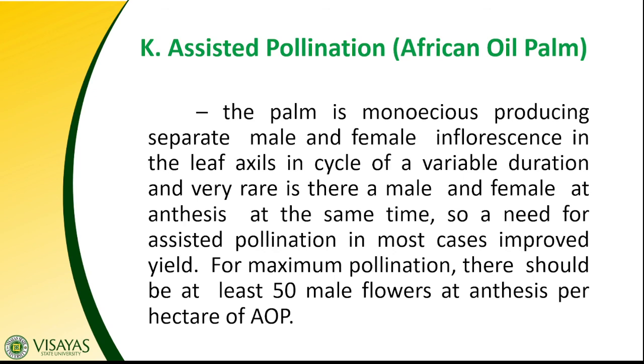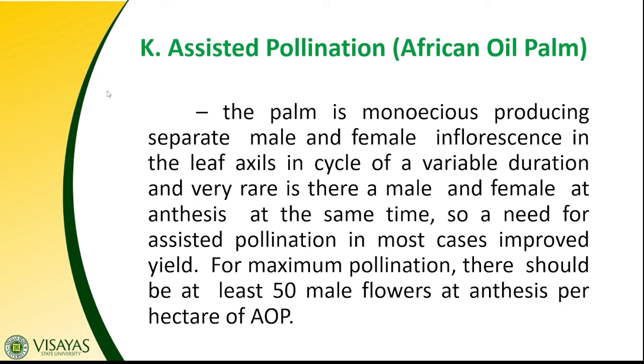And we also have this practice of assisted pollination, particularly for African oil palm. African oil palm is also a source of oil, not just like coconut. If you have not seen African oil palm, there is a plant in front or near the security guard house, which is near the obelisk, and we also have one here in the department near the tissue culture laboratory.